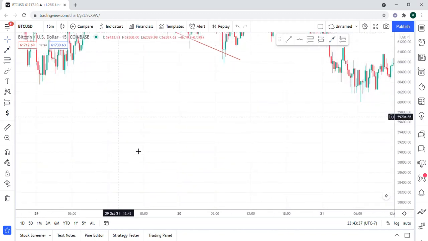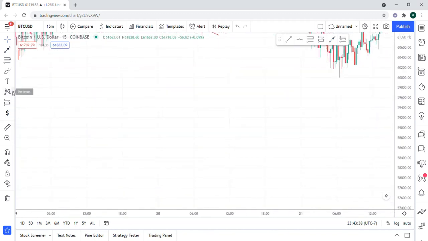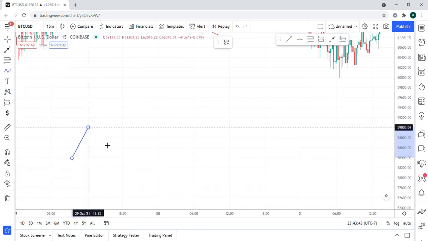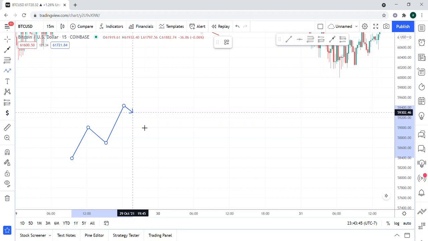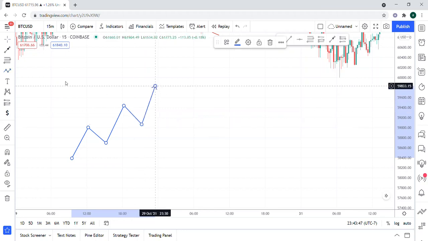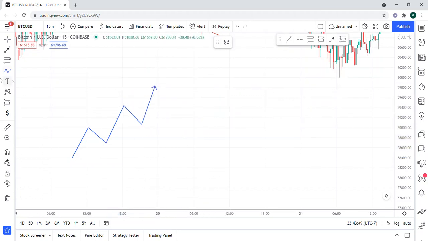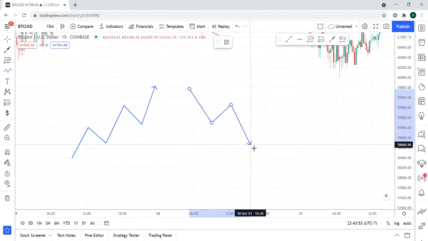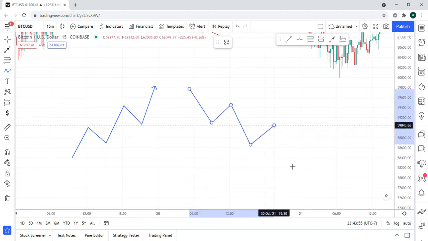If I just step away from the charts for a second and draw this out for you guys, these are the basic patterns of how you can tell whether something is bearish or bullish. And you'll be able to see that they're the exact opposites of one another.